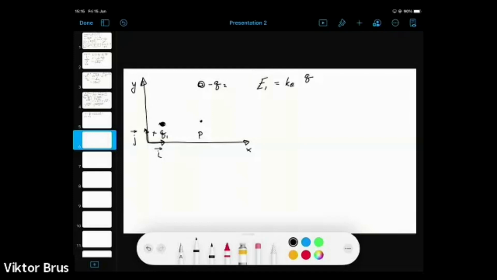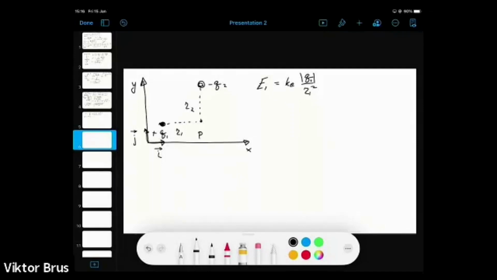Let's deal with absolute value, and then we will define where it will be oriented. So we have Coulomb constant, Q1, absolute value of it, and R1 squared. So this distance is R1. This distance is R2. Okay, so we have the equation for the magnitude of the electric field vector.